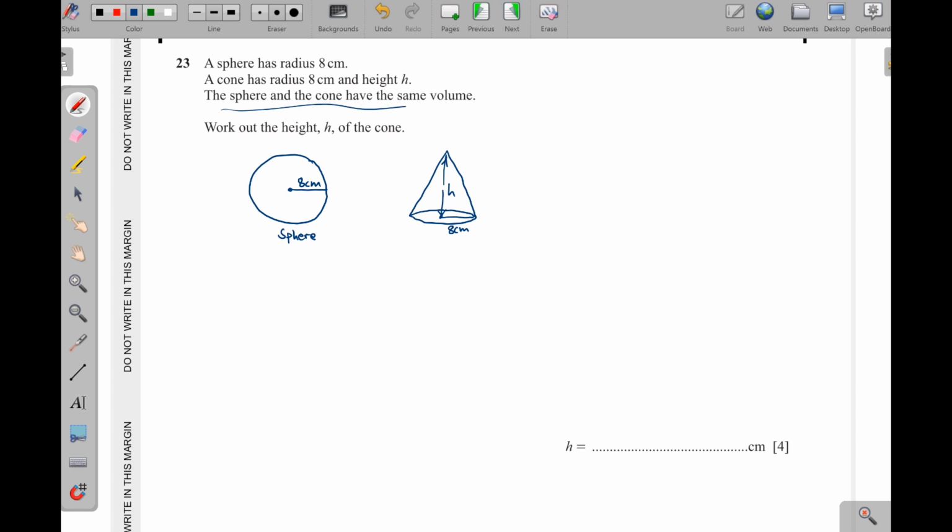The sphere and the cone have the same volume. So they are saying that volume of sphere is equal to the volume of the cone. Okay, volume of the sphere and volume of the cone, they are given in the list of formulae, which is page 2.